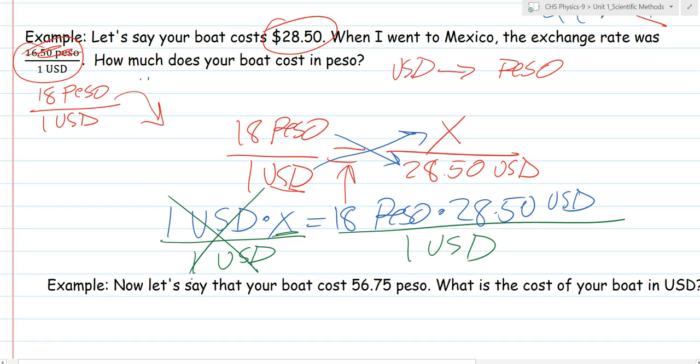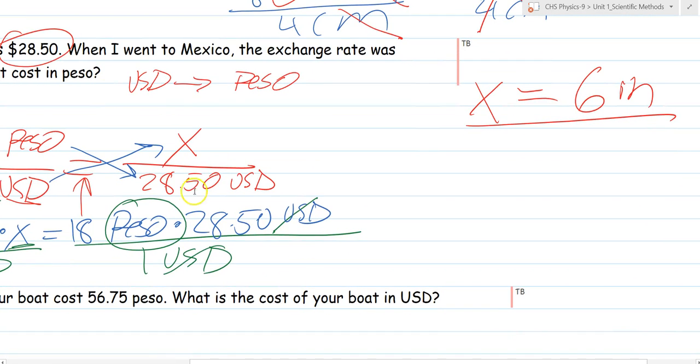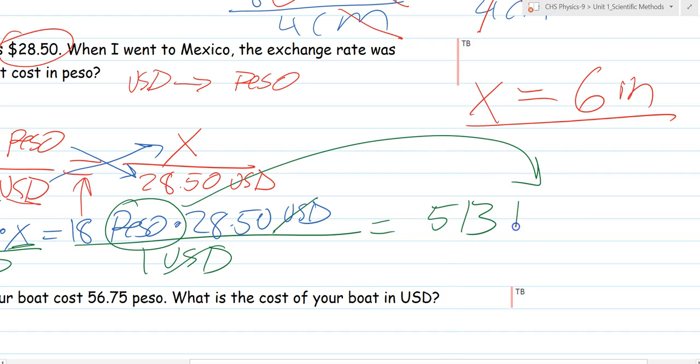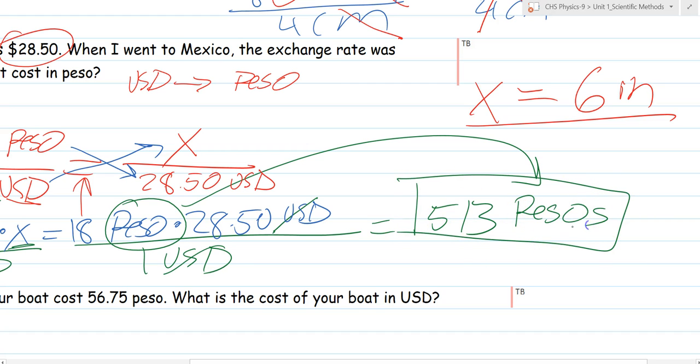Cross both those out. I can cross out the US dollars here, so I'm left with pesos. I type that in my calculator and I get 513, and the units would be pesos. There you have it.